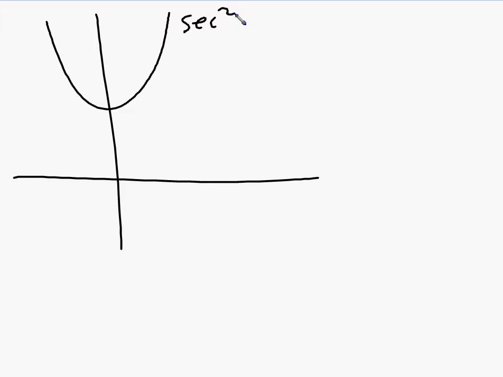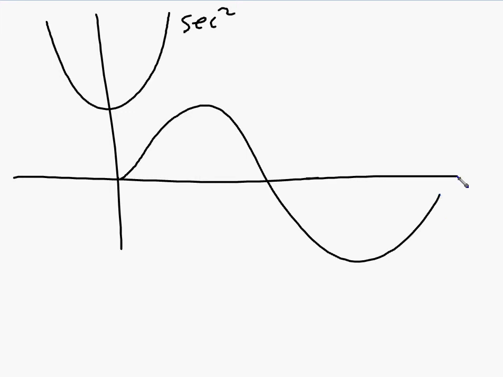And we're finding the area between secant squared and sine. Well, sine, we know what it looks like. It looks like that. Now, for sine, isn't this first maximum at pi halves?